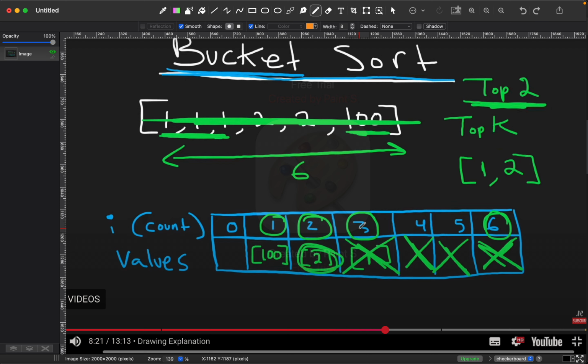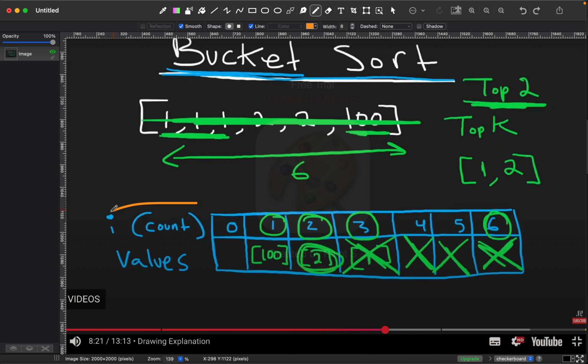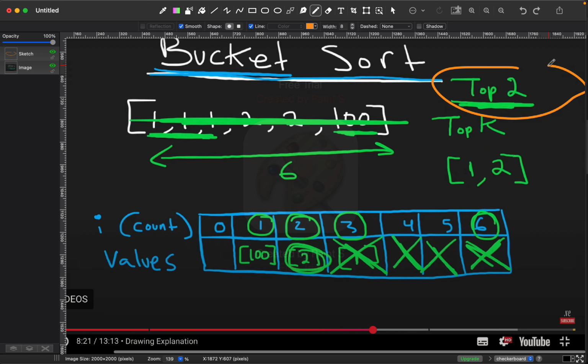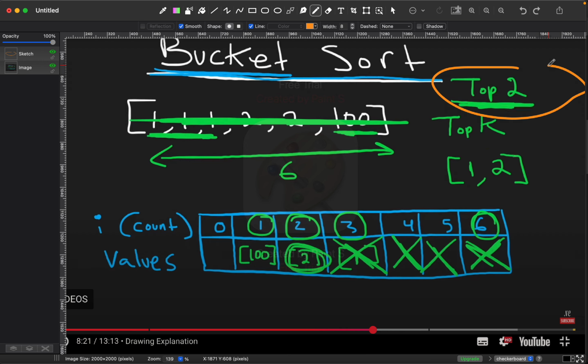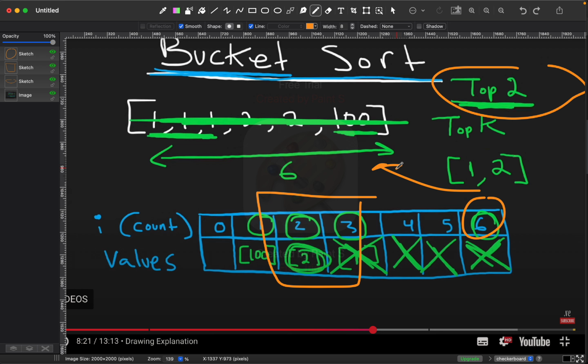As for the mechanics on how this thing works, I'm not too sure, but the problem statement was asking about the top 2 values of the highest frequency of the numbers. So obviously it will be this and this. It will start off from the highest value of n, because intuitively this is the highest occurrence, and you rush it flush to the left, and you look at 6, nothing occurs, so you cancel.